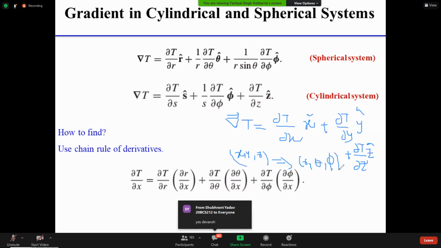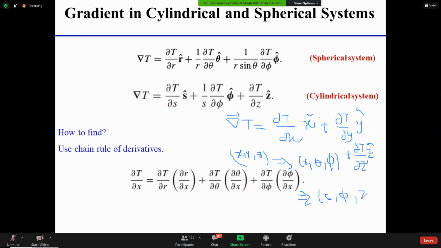Similarly, in a cylindrical system you have s, phi, and z. So in a spherical system, we should have del T over del r, where del r is basically a small displacement along the r direction.